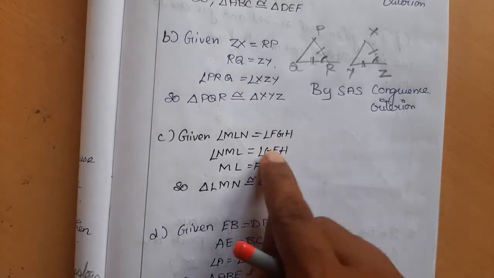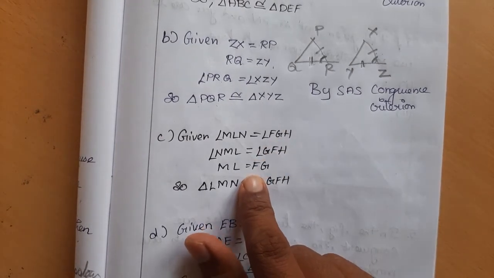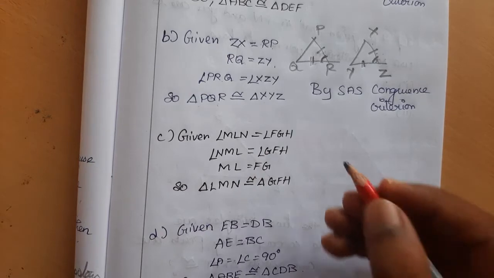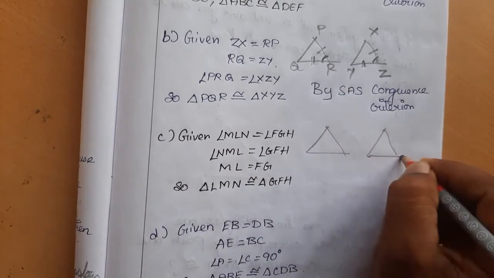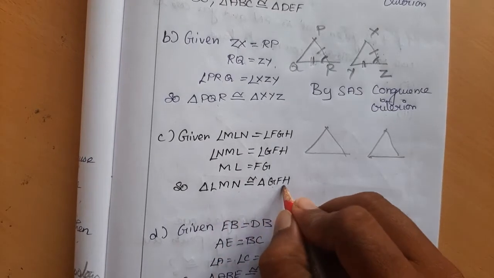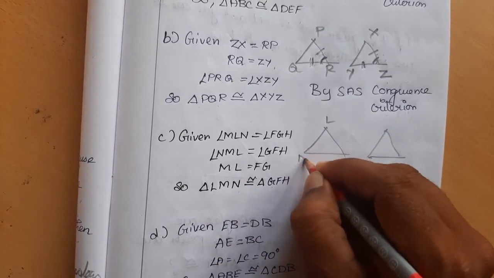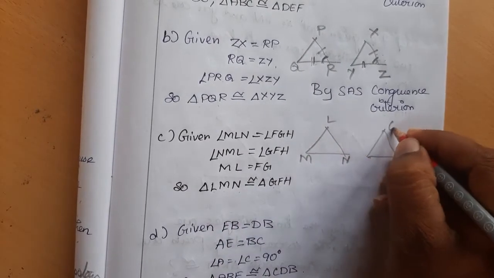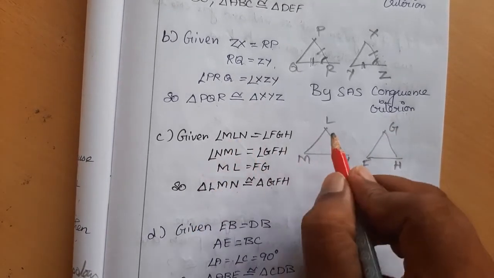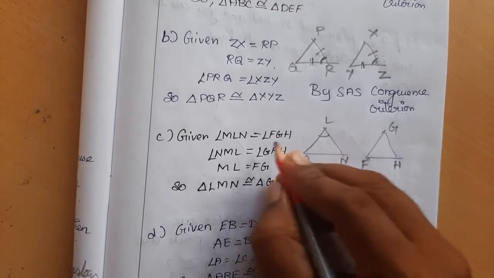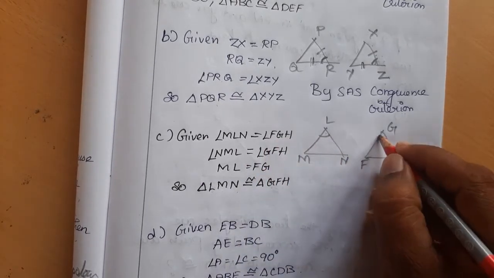It is also given two angles and one side, and I hope it satisfies ASA. Let me check. So the first triangle is LMN and the second is GFH. So angle MLN, this angle, is equal to angle FGH, this angle, okay.